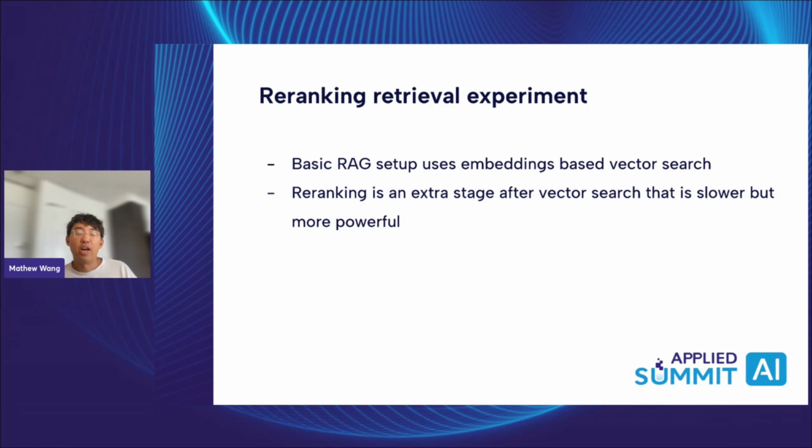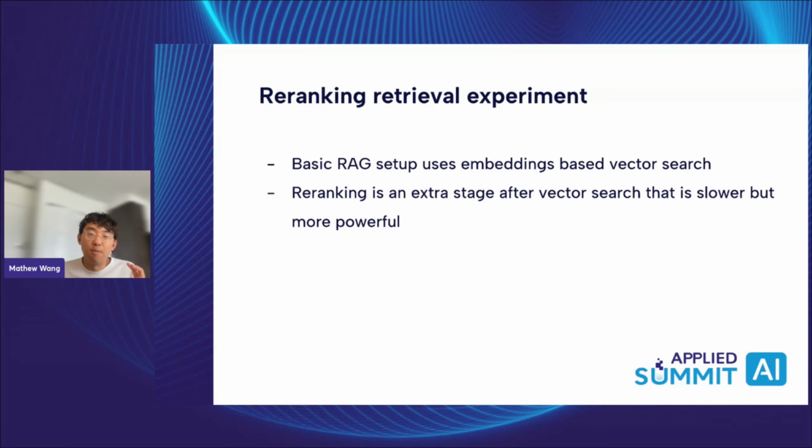So for Benji, I ran a reranking experiment where we wanted to add a reranking stage to the retrieval component. To provide some brief context so this experiment makes sense, when we think about a basic RAG setup, typically it just uses embeddings-based vector search. And that's what we did.